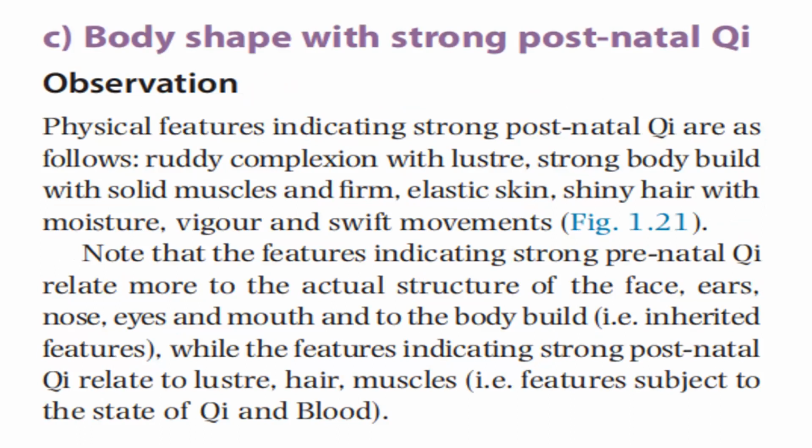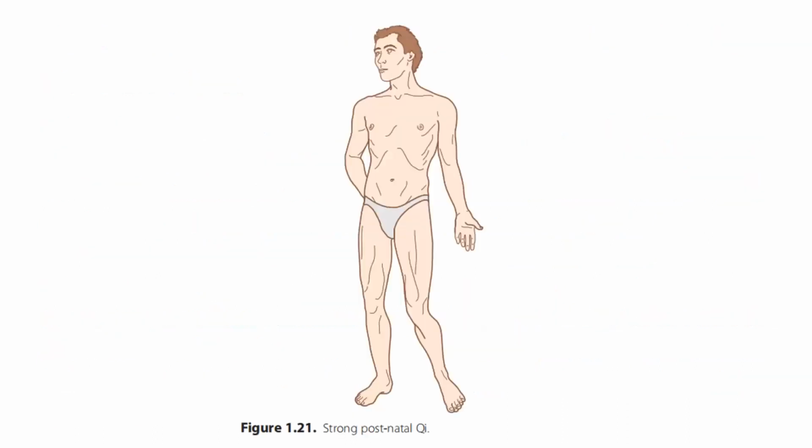Note that the features indicating strong prenatal qi relate more to the actual structure of the face, ears, nose, eyes, and mouth, and to the body build, that is inherited features, while the features indicating strong postnatal qi relate to luster, hair, muscles, that is features subject to the state of qi and blood. So we have here a picture of a strong postnatal qi.